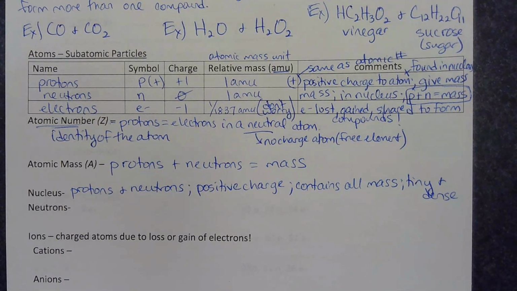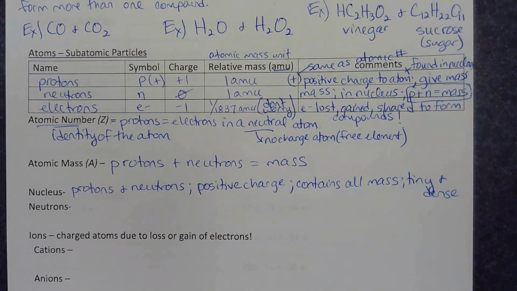Think of a green pea. Mama said eat your peas. A green pea in the middle of the 50-yard line of a football field. That pea is the nucleus, and all the grass is the electron cloud. Pretty dense, right? That's the illustration they give.